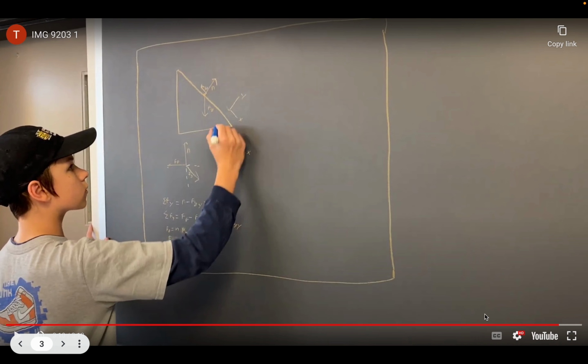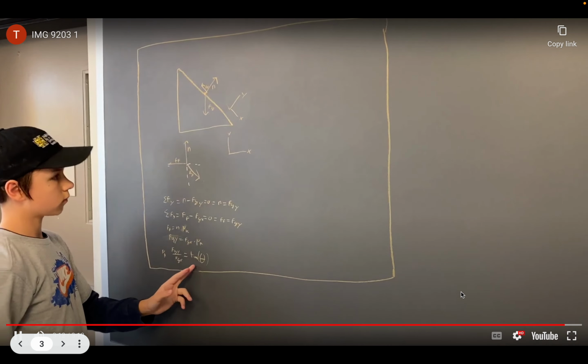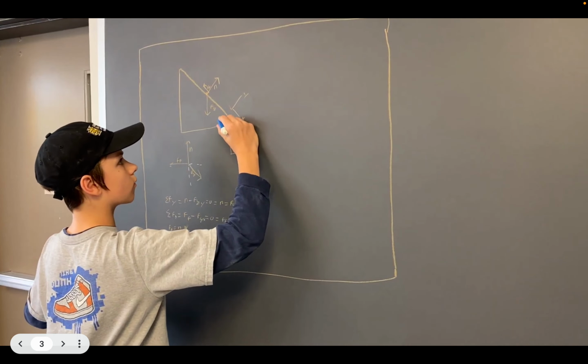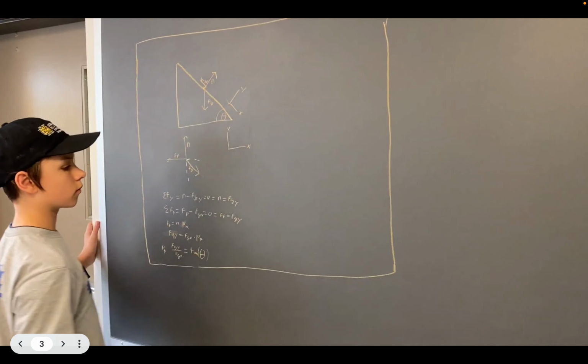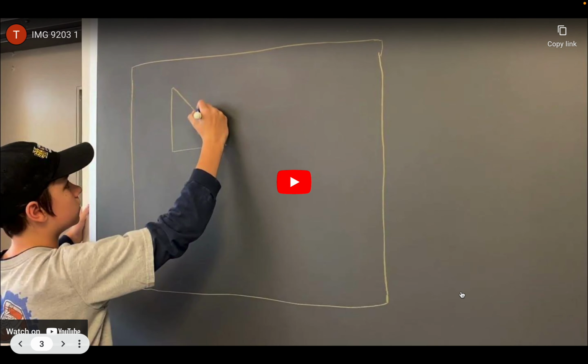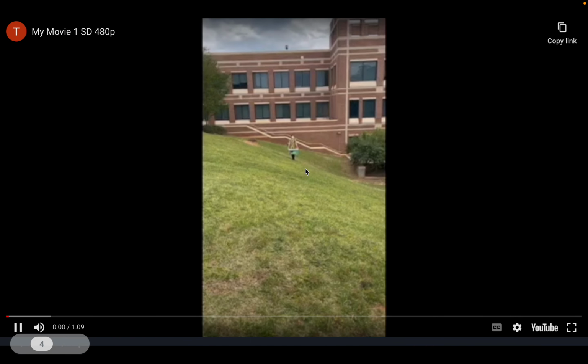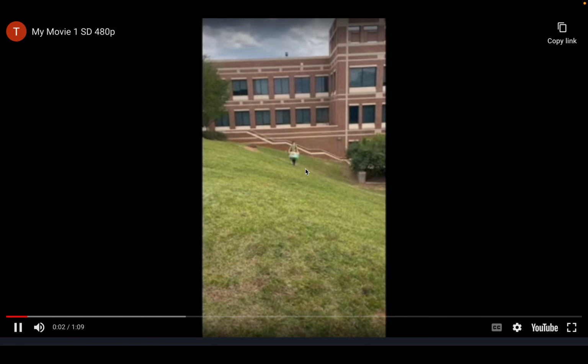So they cancel, leaving us with tangent theta, where theta is the angle of the plane. Now, in the next video, I will go and find that angle that I'm looking for.